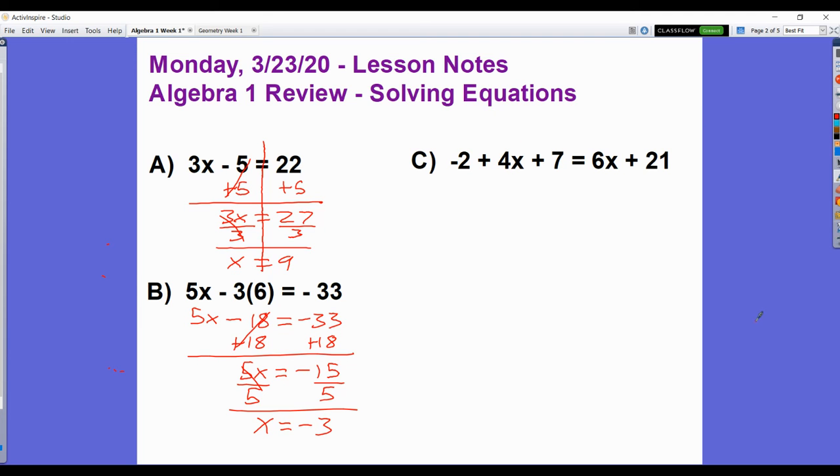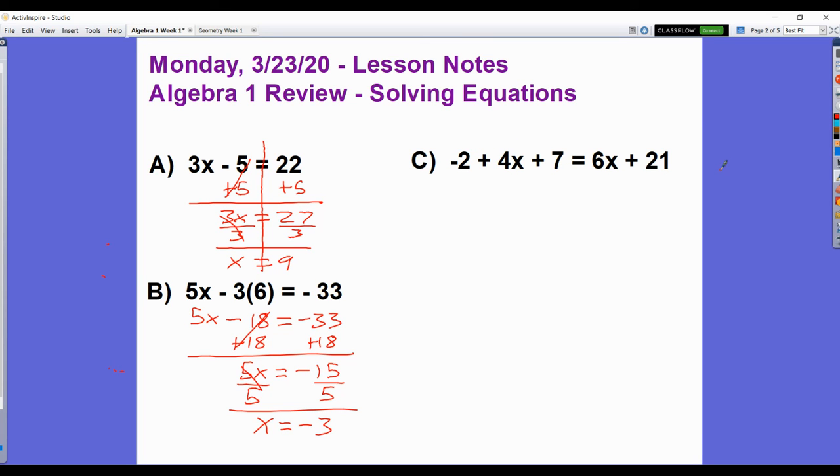All right, for C, let's take a look at what we got here. Notice how we have a 4x on this side and a 6x on that side. We have to get our x's together on the same side, but we can do a step before that. If you look at this, we have a negative 2, and then over here we have adding 7. These are like terms. We can combine those first.